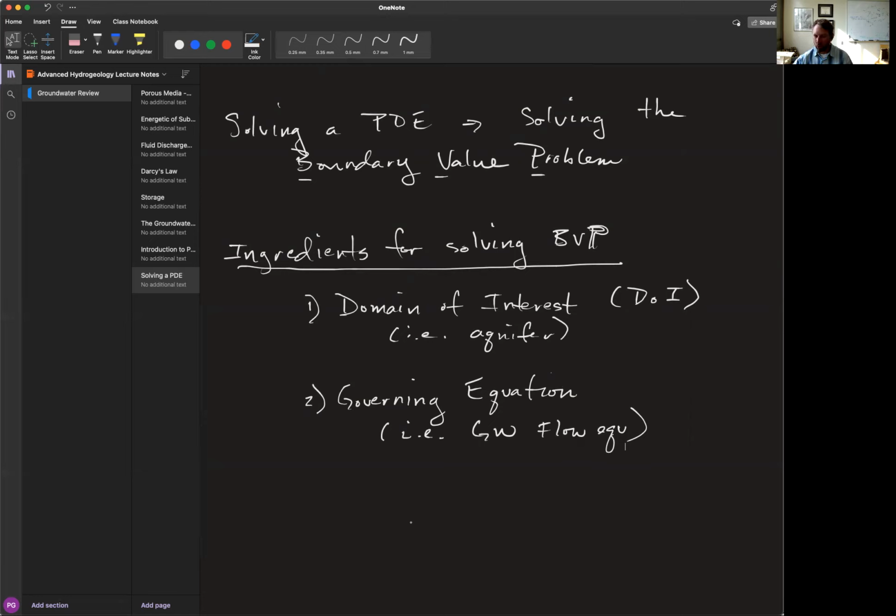And the other thing is we're always trying to make our governing equation as simple as possible, because the more complex and more physics that we add into it, the more parameters and knobs we have that we don't know about. Then the other thing we need are parameter values.